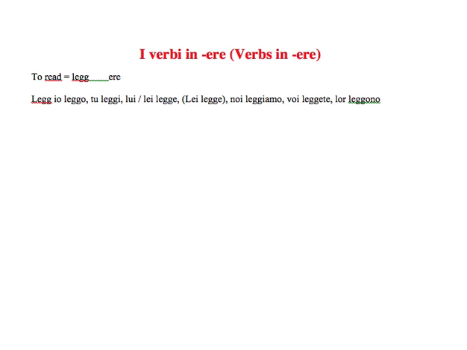So for all the verbs in -ere that you can find, you use the same kind of method. You drop -ere, you keep the root, and you add one by one the correct ending.